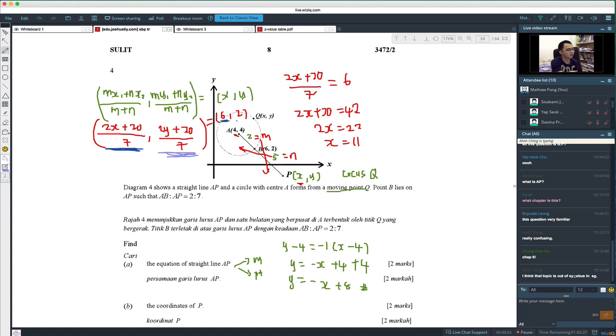So 2y plus 20 over 7 will equal 2. So 2y plus 20 will equal 14. And then 2y will equal negative 6. Y will equal negative 3. So therefore my coordinate P, since I have x and y ready, will be 11 and negative 3.